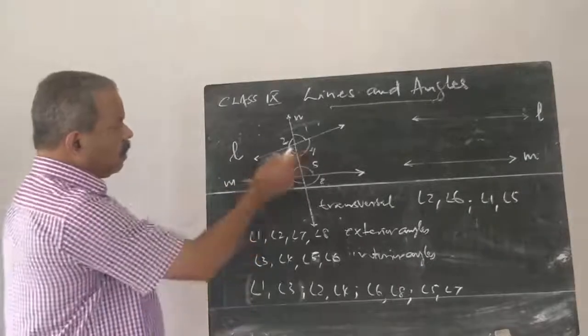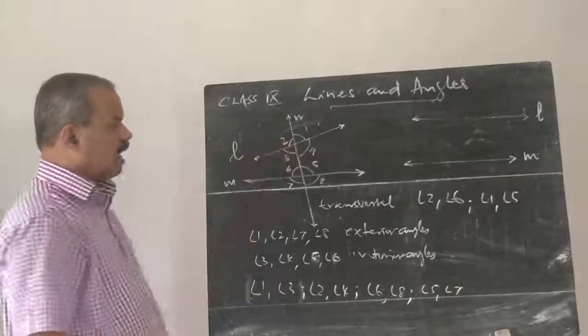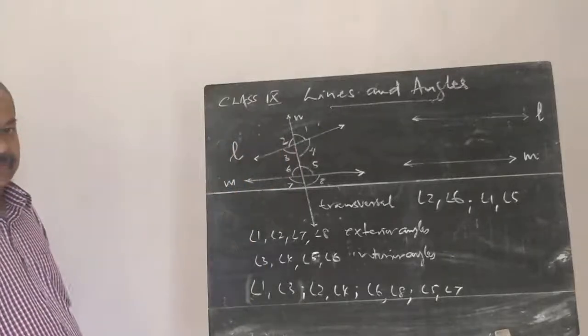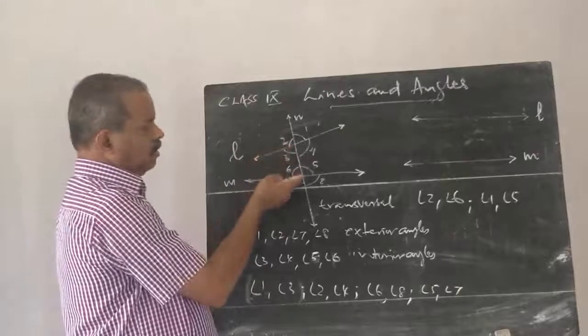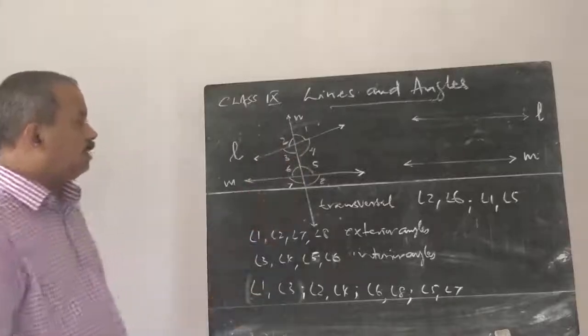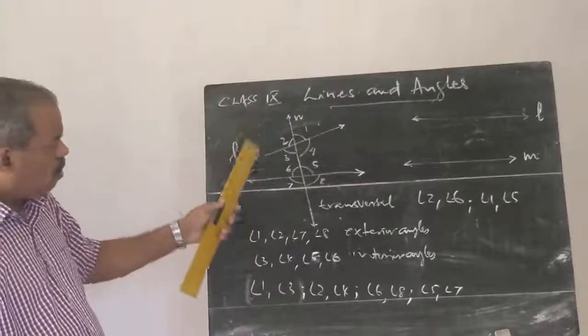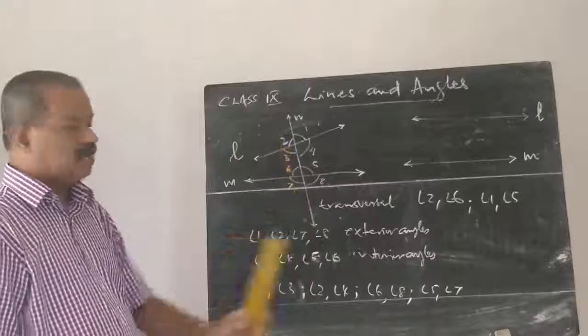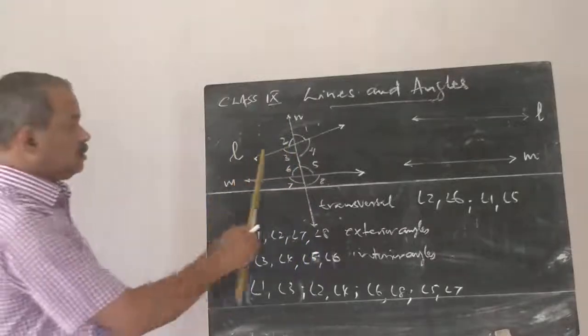Now, what about angles 3 and 6? They lie on the same side of the transversal.